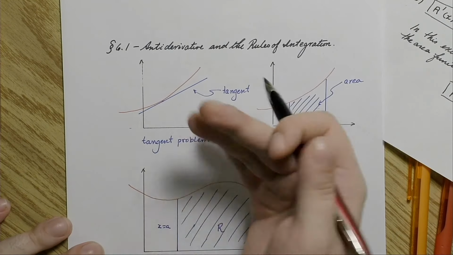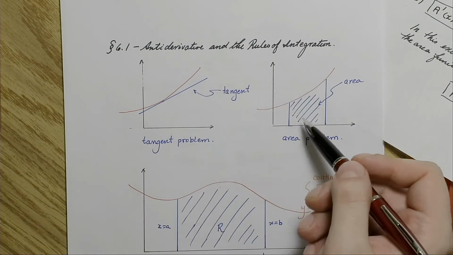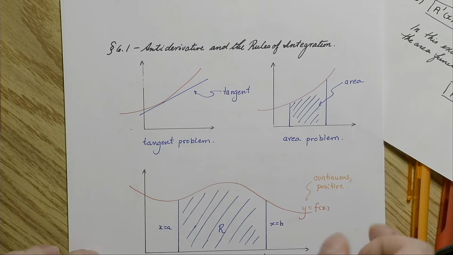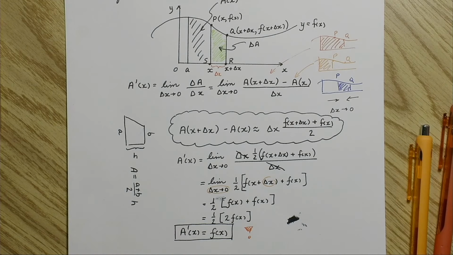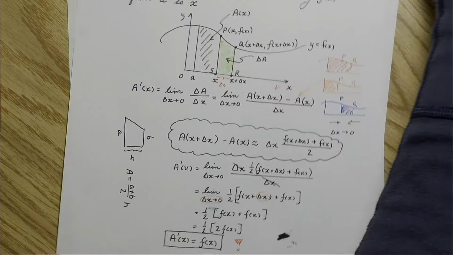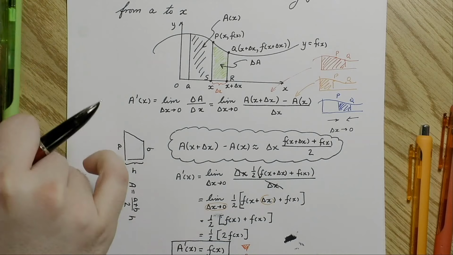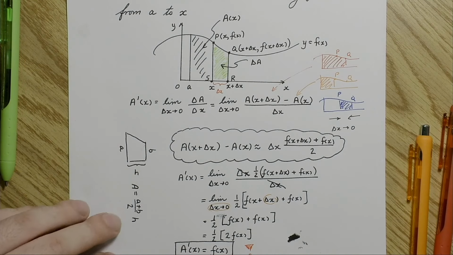If you're looking at the derivative, that's the slope, and the derivative of the area is actually equal to the original function. Okay, so I was able to show you that there's some connection between the area under the curve and the derivative.